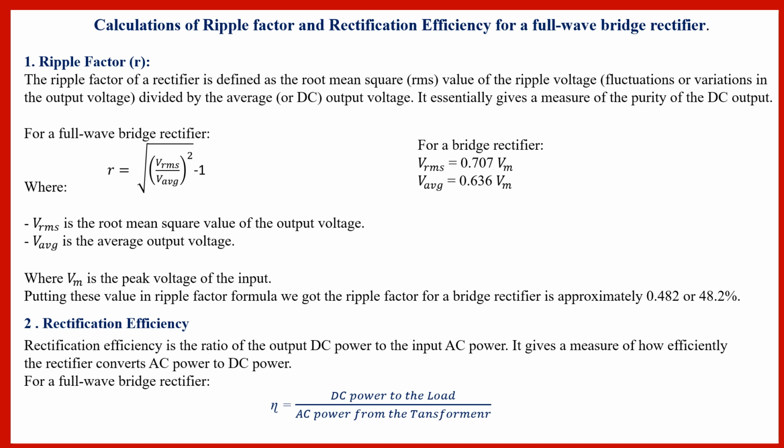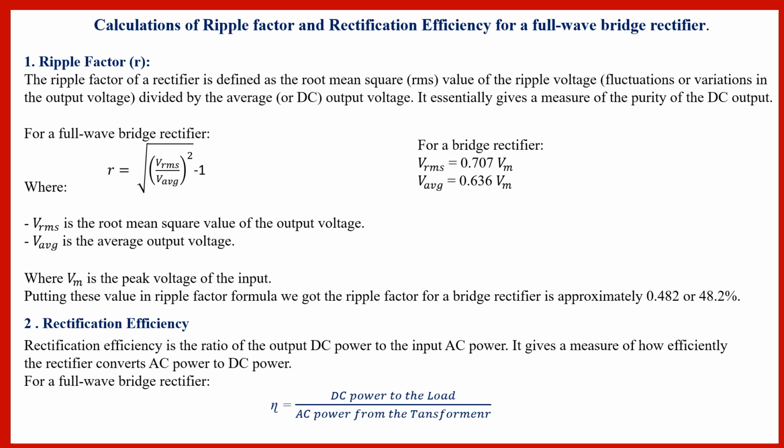Second, we have the rectification efficiency. Rectification efficiency is the ratio of the output DC power to the input AC power. It gives a measure of how efficiently the rectifier converts AC power to DC power. So for a full wave bridge rectifier, the efficiency is the ratio of the DC power to the load divided by the AC power from the transformer.